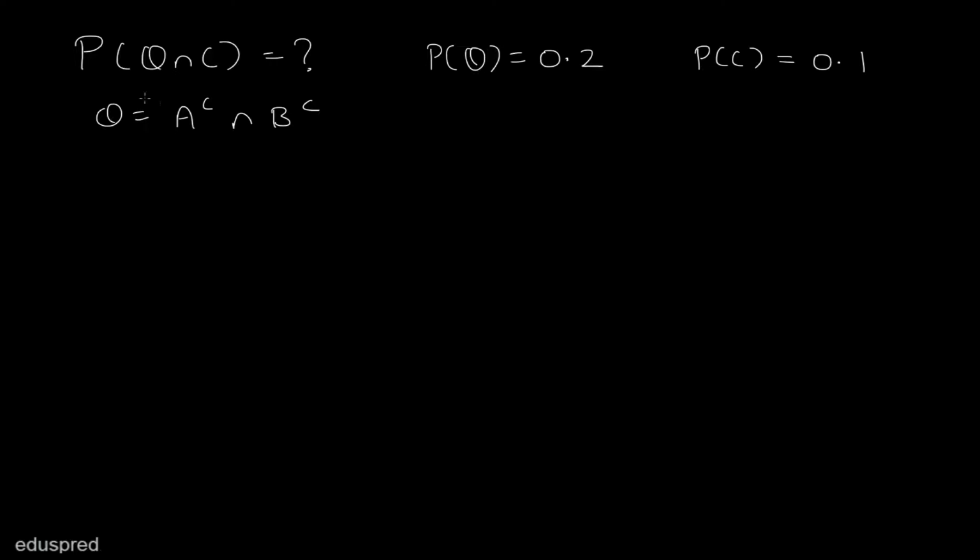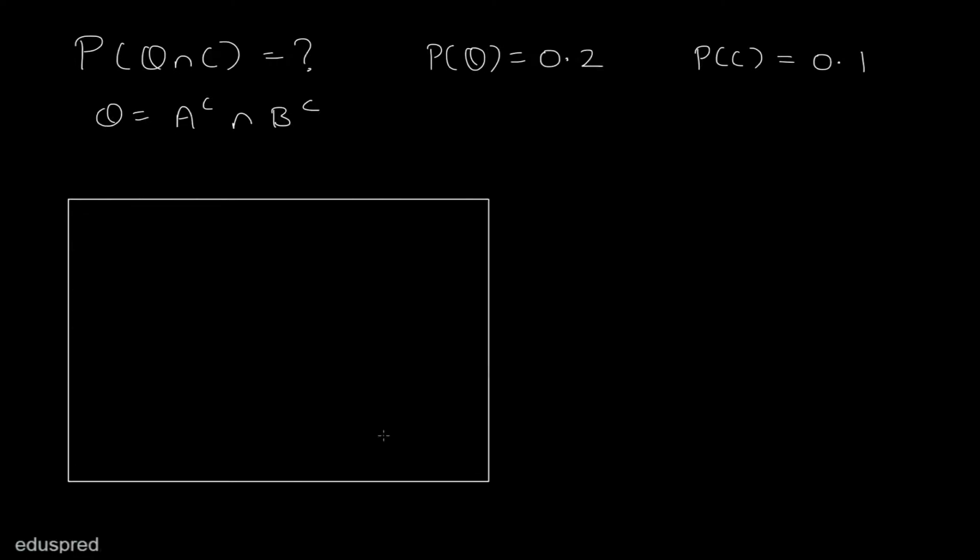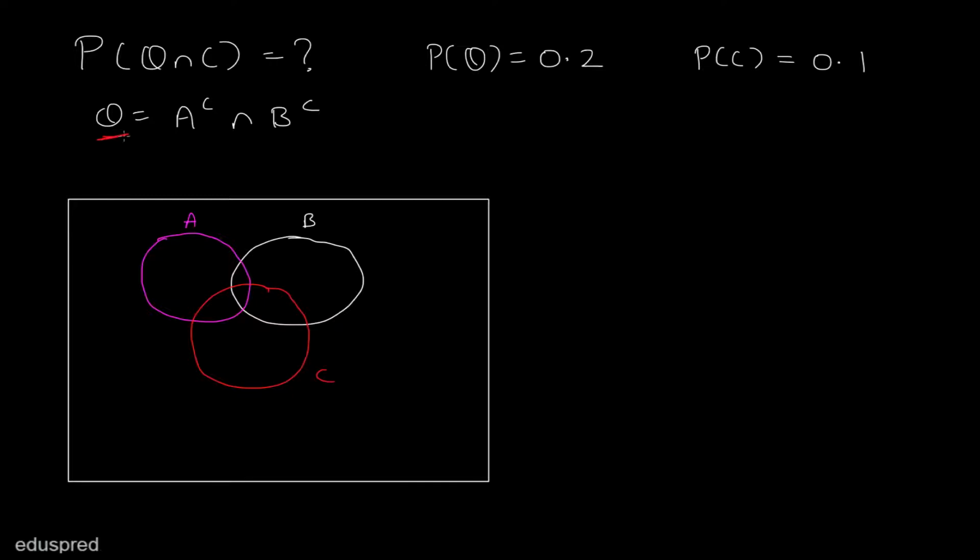And once again, let's first visualize this using a Venn diagram. So over here, I'm going to draw three circles. This is A, this is B, and this is C. Okay. Now Q is A complement intersection B complement.